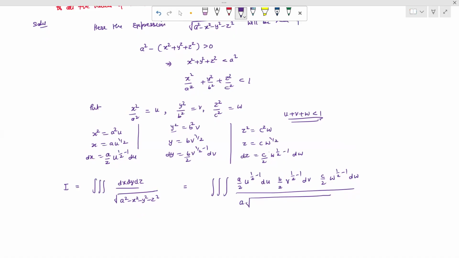When we take a square common, this can be 1 minus x square upon a square minus y square upon a square minus z square upon a square.